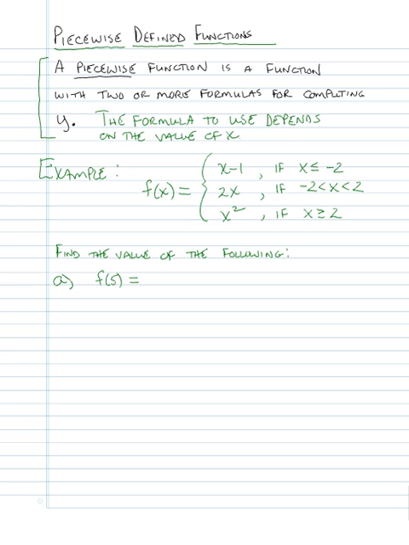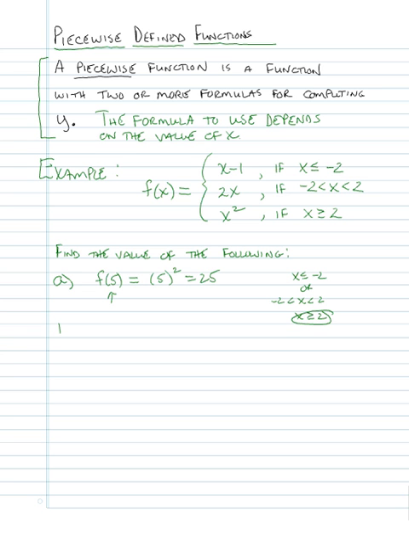Well, the first thing we have to do is look up at the different formulas and see which condition the x value of 5 satisfies. See, there's our x value. Is our x less than or equal to negative 2? Or is our x between negative 2 and positive 2? Or is our x greater than or equal to 2? Our x is greater than or equal to 2 because our x is 5, isn't it? So that tells us we use the formula x squared. We put a 5 in for x in the formula x squared, and we get 25.